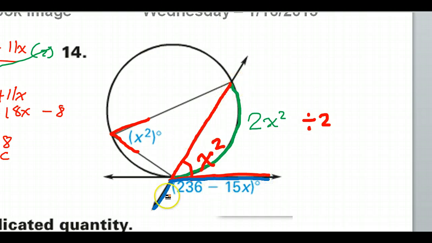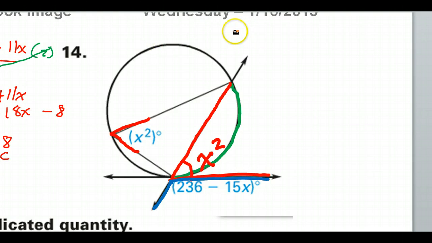All right, but these two angles are supplementary. Together they form a straight line. So together they form 180 degrees. So I'm going to make an equation that says that these two angles add up to 180 degrees.